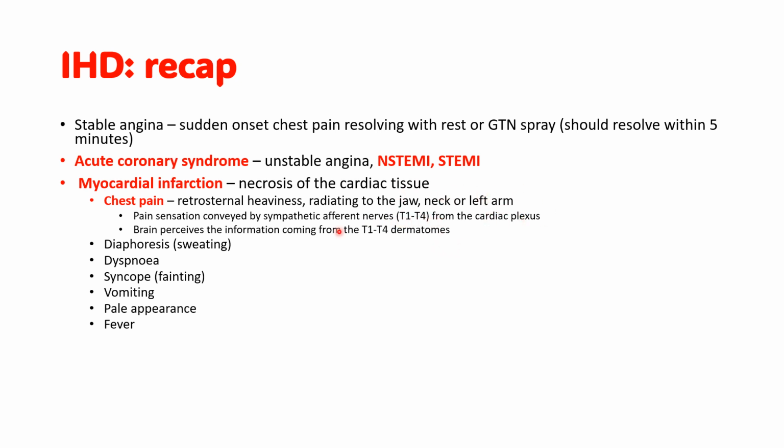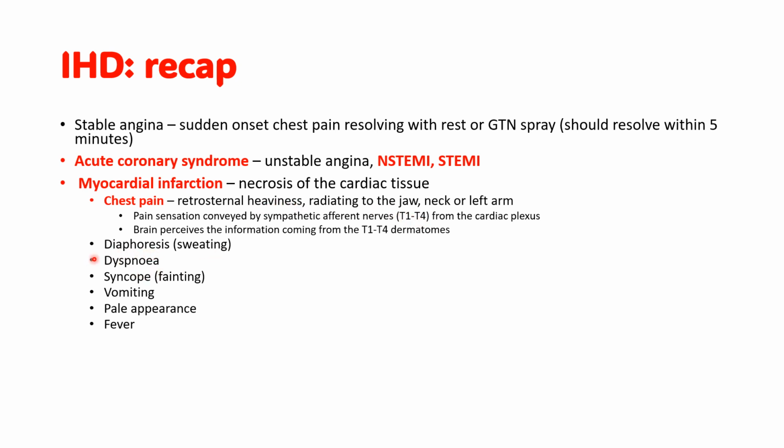The brain perceives the information as though it's coming from the T1 to T4 dermatomes, and that brings us onto the topic of referred pain. This happens because the nerves from the cardiac plexus and the nerves from the T1 to T4 dermatomes both synapse at the same position at the dorsal root ganglion, which is at the back of the spinal cord.